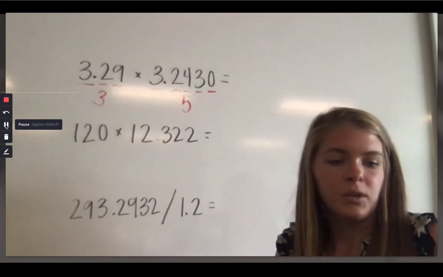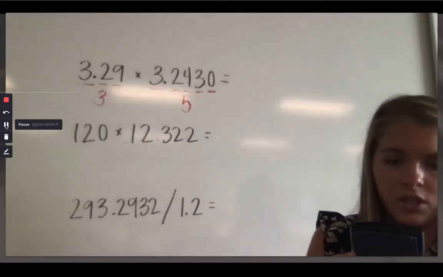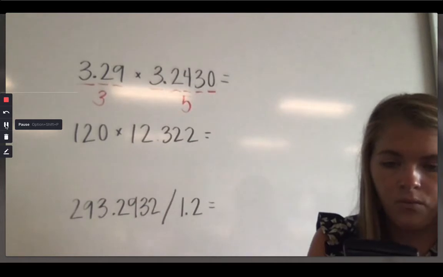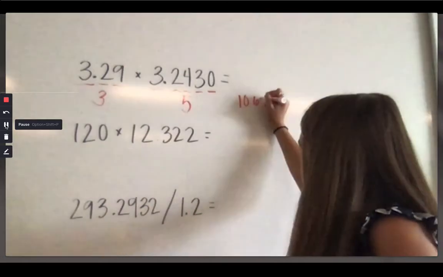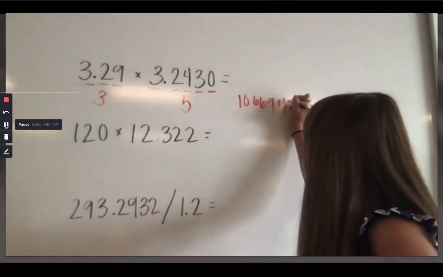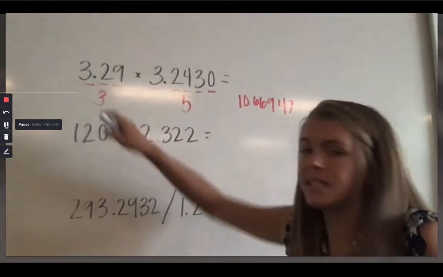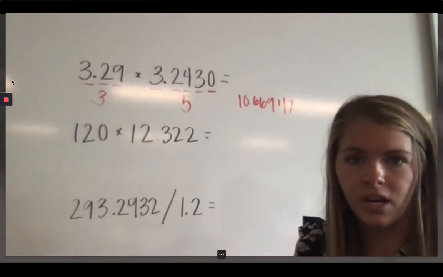When we do this multiplication, 3.29 times 3.2430, we will get 10.6697. Now, we can only have 3 sig figs in our final answer because that is our least number that we started with.